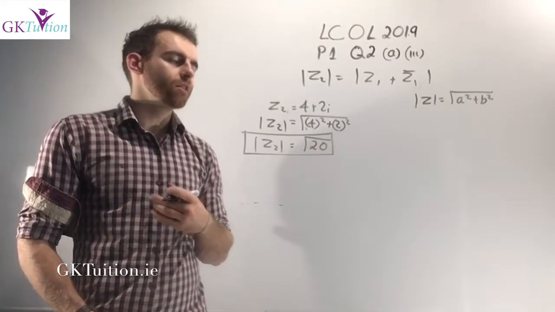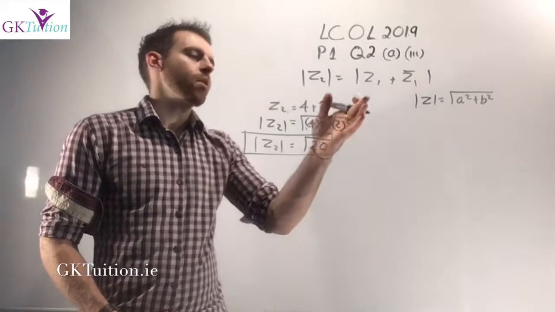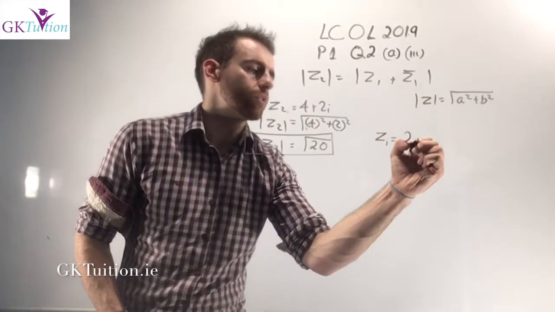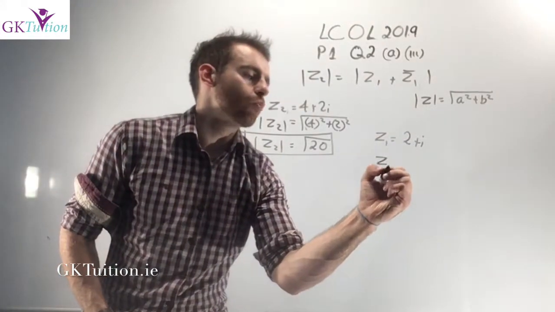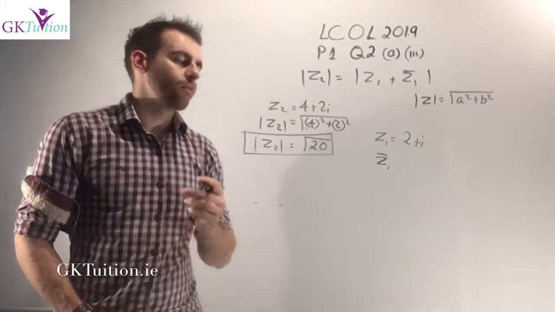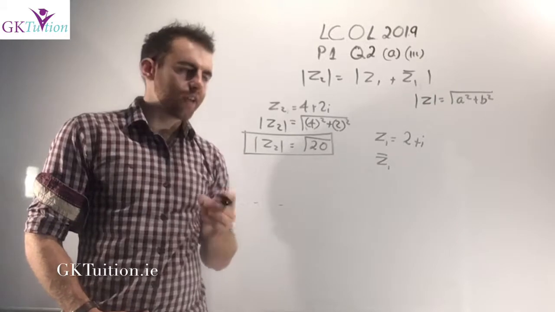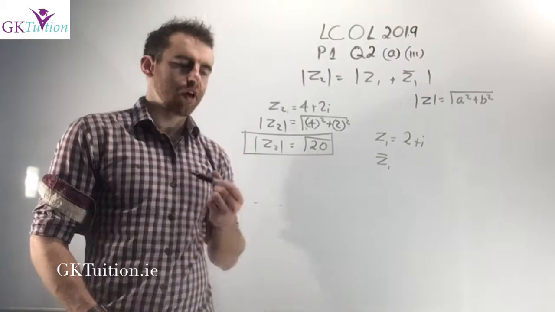Now what I need to do is simplify the right hand side. So let's start off here. First of all, we know from the start of the question that Z1 is equal to 2 plus i. Now, Z1 with the line above it refers to the conjugate of Z1. To get the conjugate of a complex number, you change the sign in front of the i.